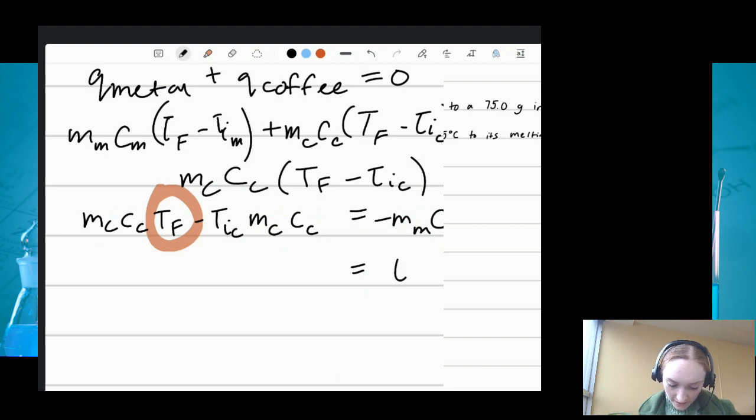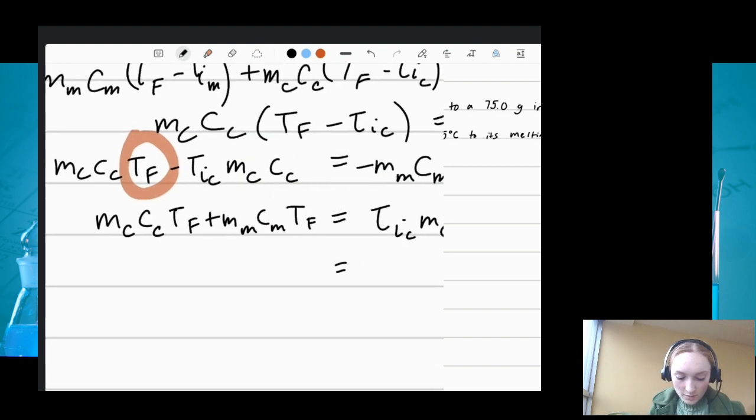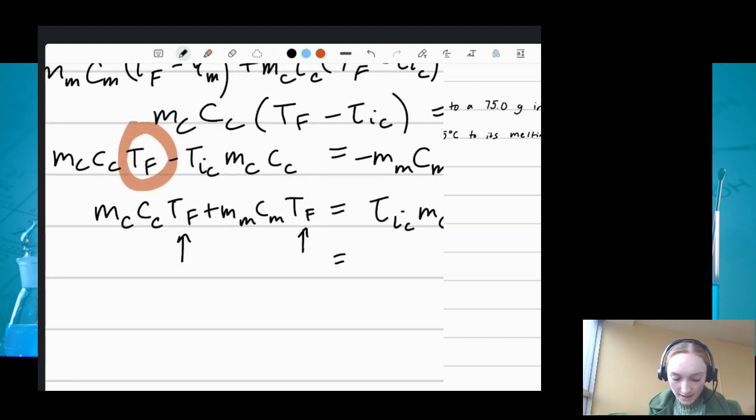So this will have TIC MCCC plus MMCM TIM, and then adding that over here, MCCC TF, and then adding that term, MMCM TF. Awesome. And so because TF is on both of these sides, I can distribute it to both of these terms, so then I can just divide by everything.